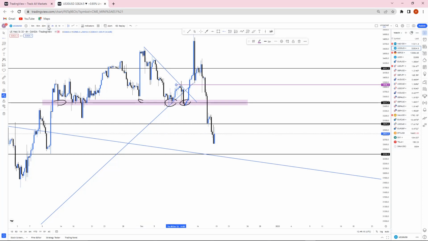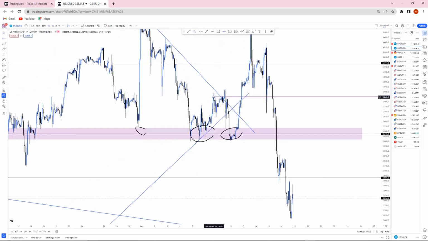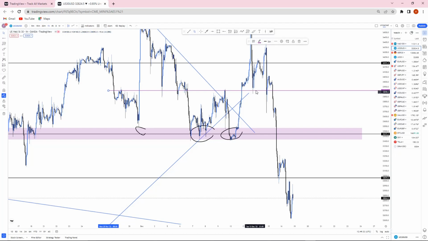Okay, let's move to the lower time frame, the 1-hour time frame. When we get to the 1-hour time frame, you tweak your price levels. Make sure that you accommodate for most touches. This way, you don't miss out on these types of entries right here.